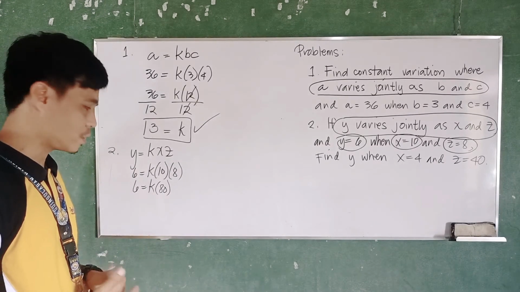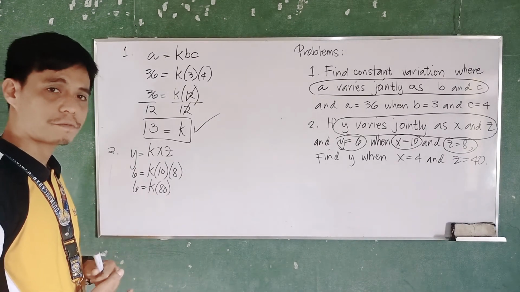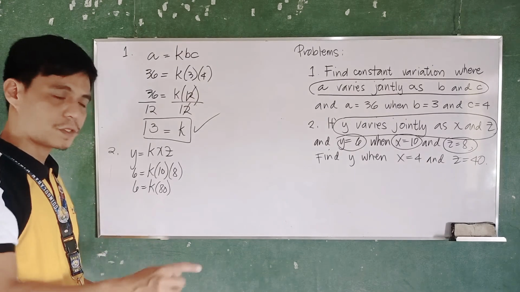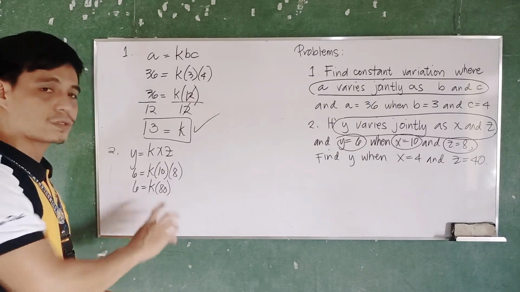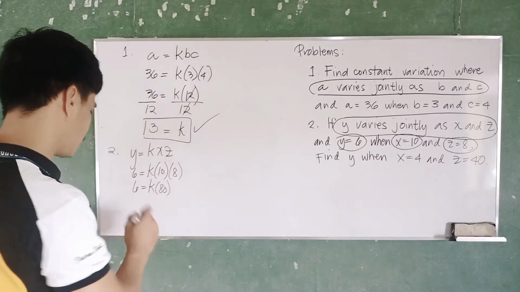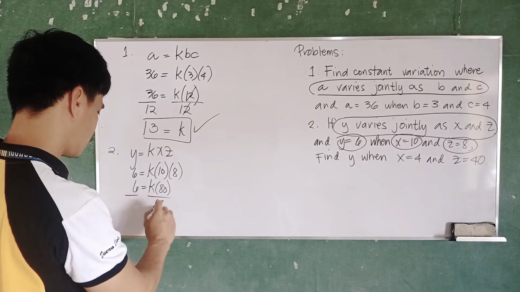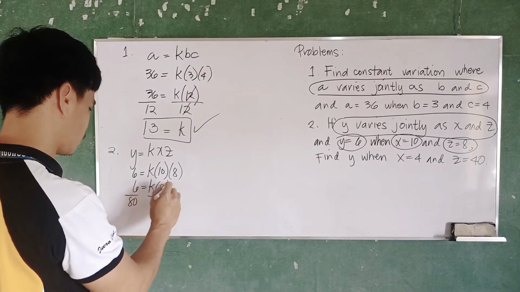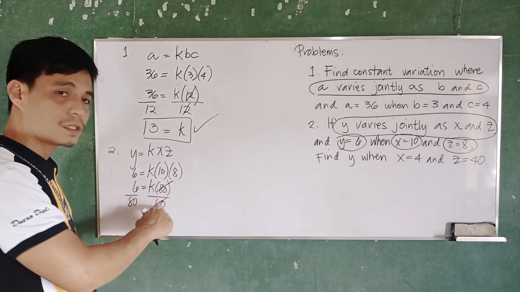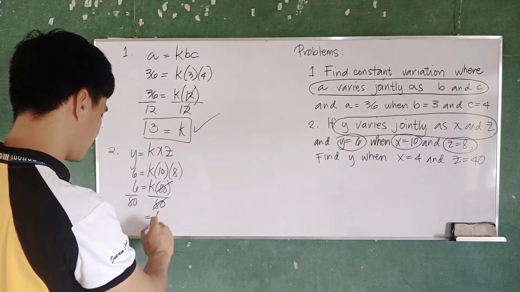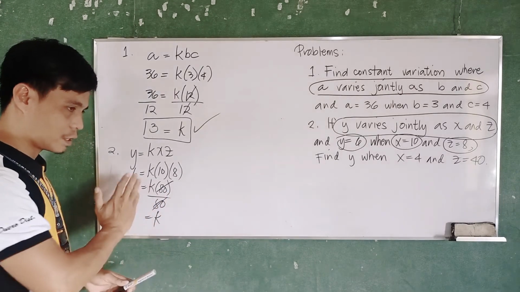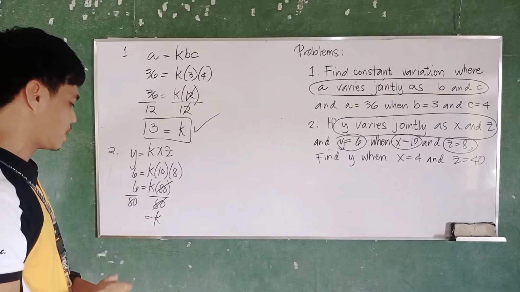In order to get the value, you have to divide both sides by the coefficient. So 80 is the coefficient, so we divide both sides of the equation by 80. So this is 80, 80, and 80. So cancel this one. 80 divided by 80 is 1. So we have k here. And for the left side, we have 6 over 80.